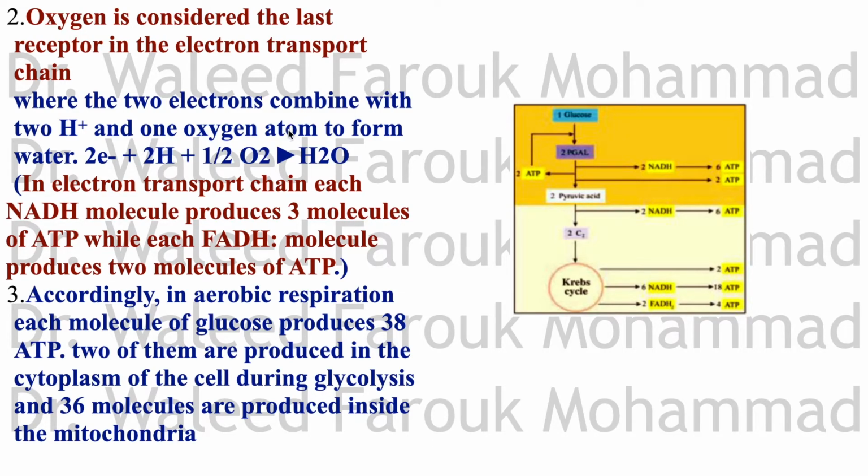In the electron transport chain, each NADH molecule produces 3 molecules of ATP, while each FADH2 molecule produces 2 molecules of ATP. So if you calculate, 2 molecules of ATP are produced on the outside and 36 molecules of ATP on the inside in the mitochondria, so that's a total of 38 ATP formed.